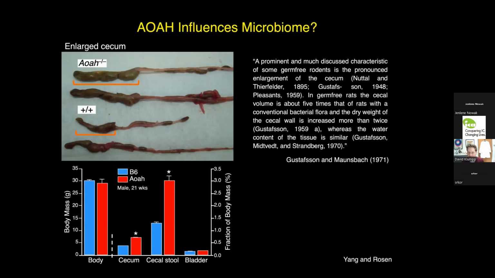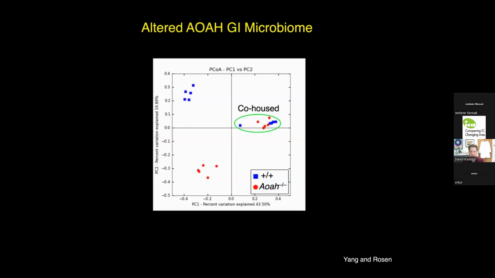So of course I Googled it, and it turns out that an enlarged cecum is a feature of germ-free rodents. Rodents grown in a germ-free environment such that they don't have a microbiome. And that suggested that there might be a role for the microbiome in these mice.